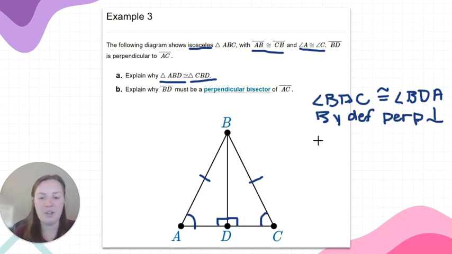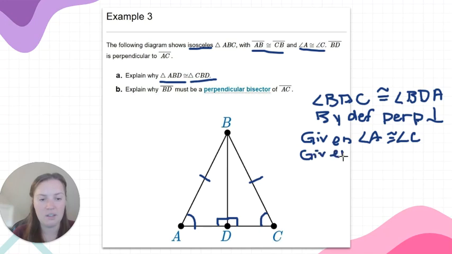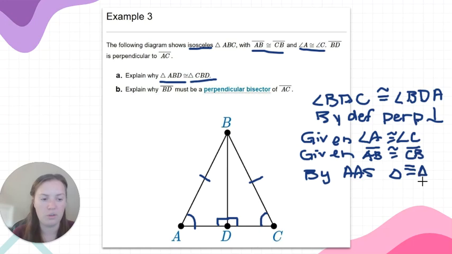Then we know that it is given that angle A is congruent to angle C, and it is given that AB is congruent to CB. Therefore, by angle, side, the triangles are congruent. And I'm just going to write triangles are congruent, okay? These two triangles are congruent.